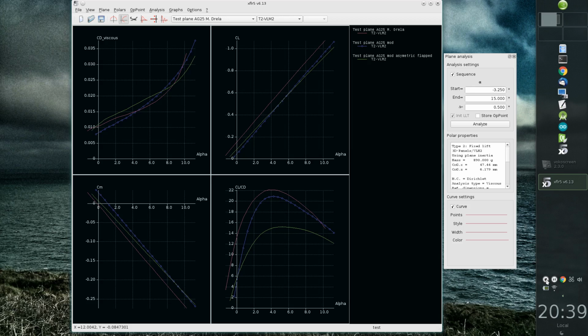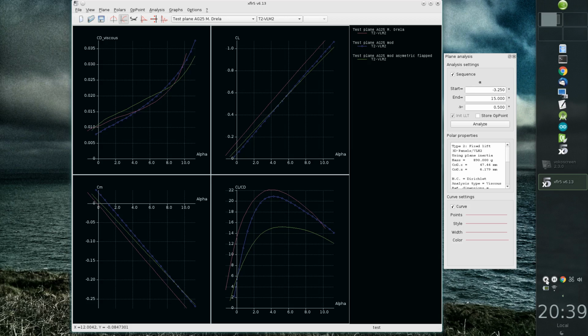There's plenty of documentation on the web on the longitudinal modes, which are in our case the phugoid and the short period mode, and in the lateral direction there are the Dutch roll mode, the roll damping, and the spiral mode. And the purpose of what follows is to explain how we calculate these modes.